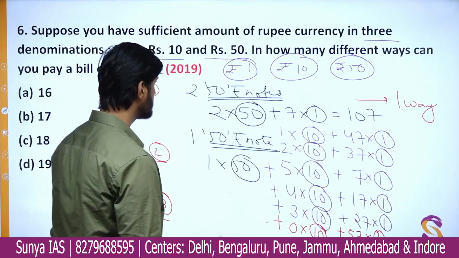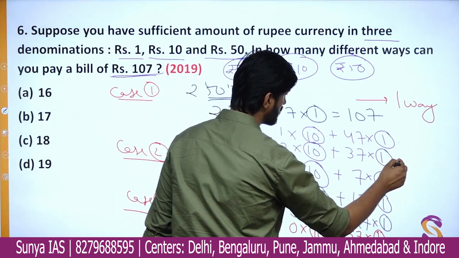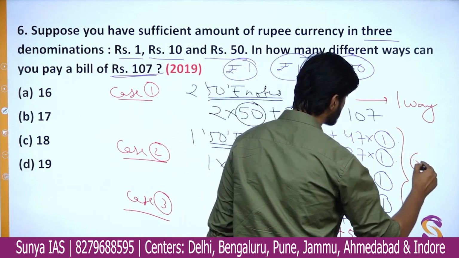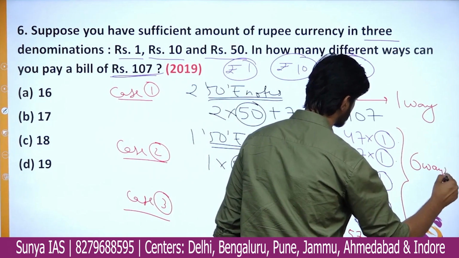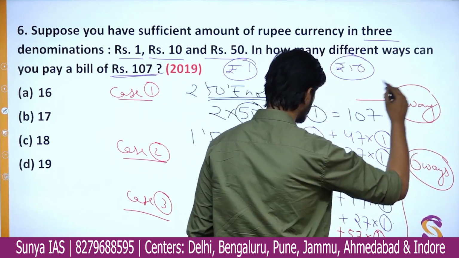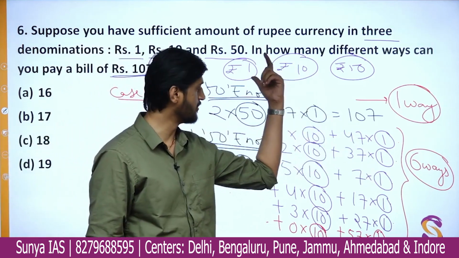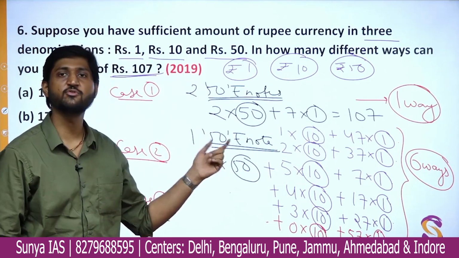So as you can see, there are 1, 2, 3, 4, 5 and 6, total 6 ways of paying the amount if you are using only 1 fifty rupee note.